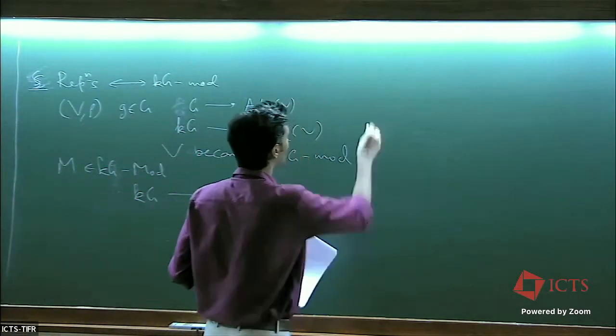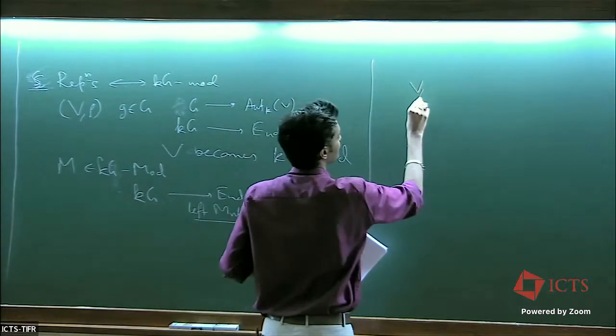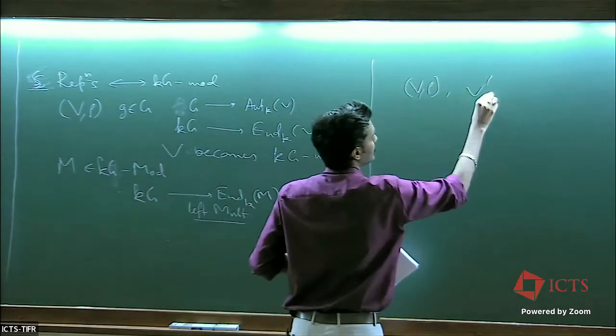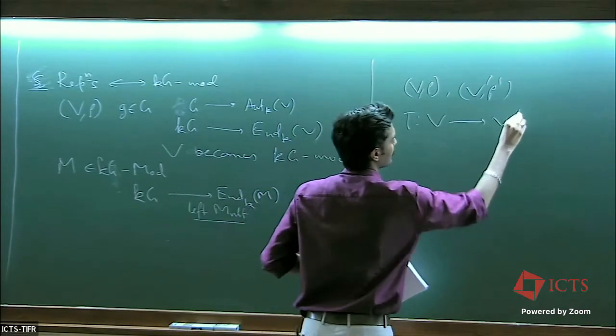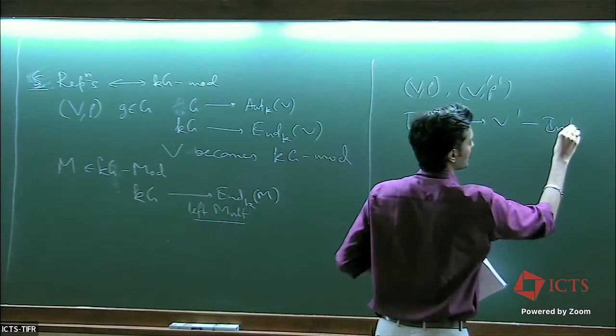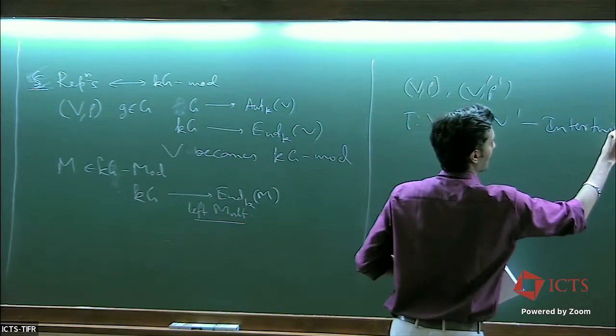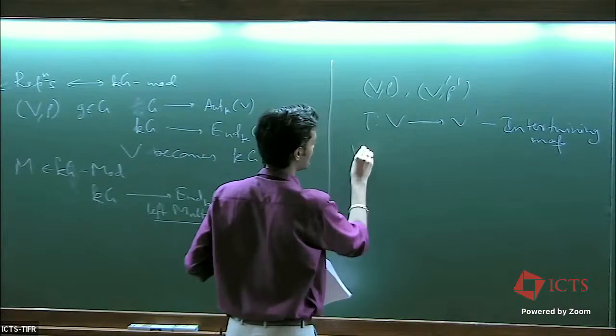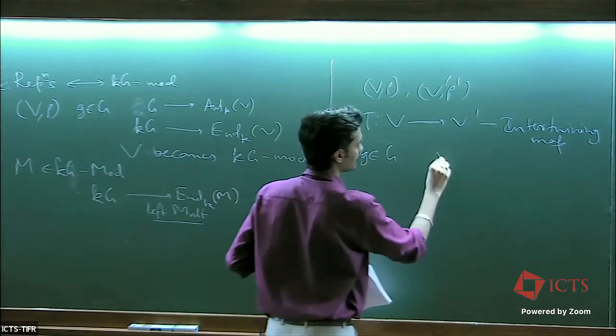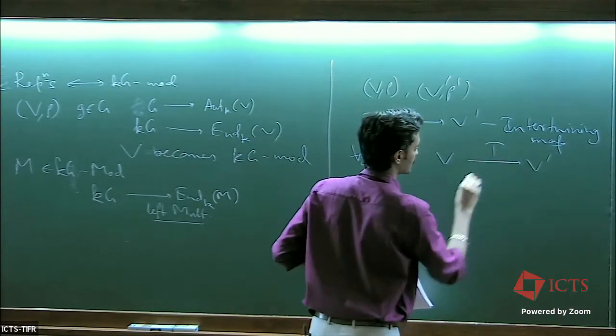Moreover, suppose we are given two representations (V, rho) and (V', rho'). A linear map T from V to V' is called an intertwining map if for each g inside the group, this diagram commutes.